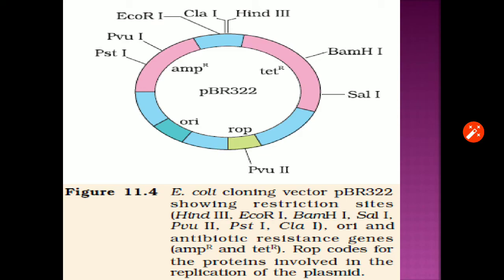Those are the selectable markers, that is ampicillin resistive gene and the tetracycline resistive gene. And those which failed to insert these selectable markers will not be able to survive there. Now we'll select the transformants only and then we'll carry on with the process.